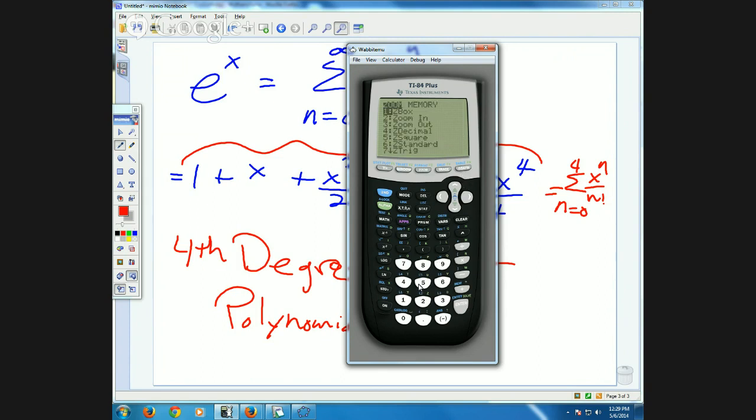Zoom 6. It's thinking. Okay. Should look like that if you did it right. Did you go from 0 on up? Is your window the same?